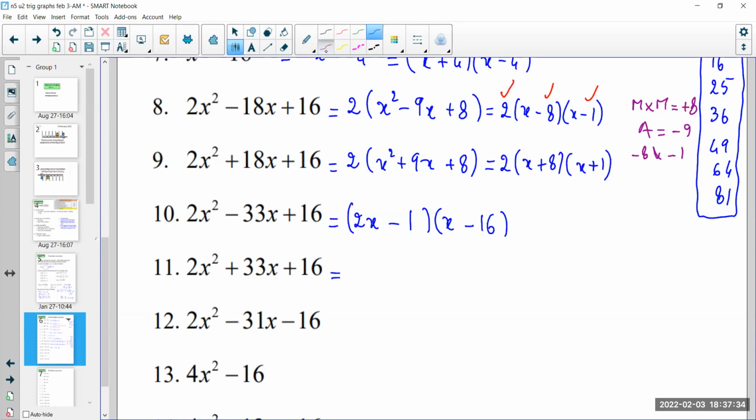MAM, if you remember: I'm looking for 2 numbers such that if I times them, I get 2 times 16, which is 32, and if I add them, I get 33.